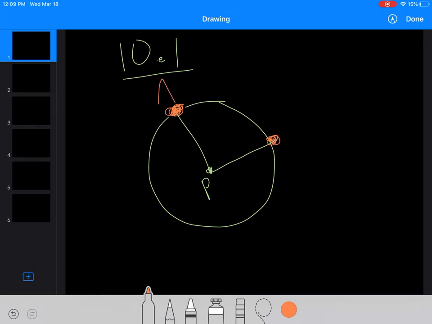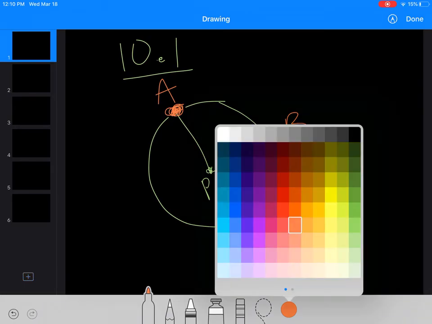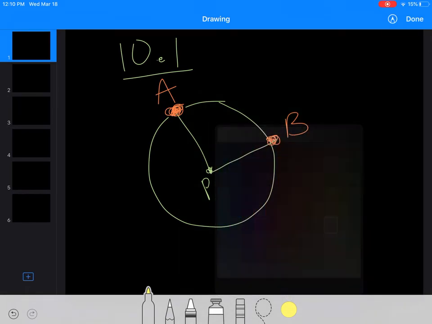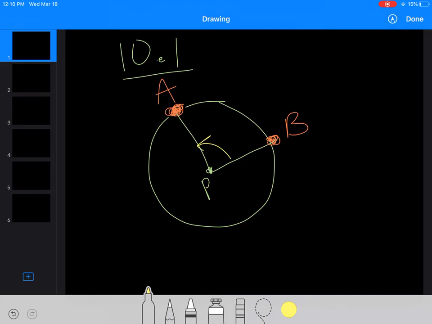All right, so that's called A, and this is B. And let's say we know the angle in the center, which is called the central angle. So let's say we know that central angle as 95 degrees. So that's 95 degrees in there. And so that is our central angle.